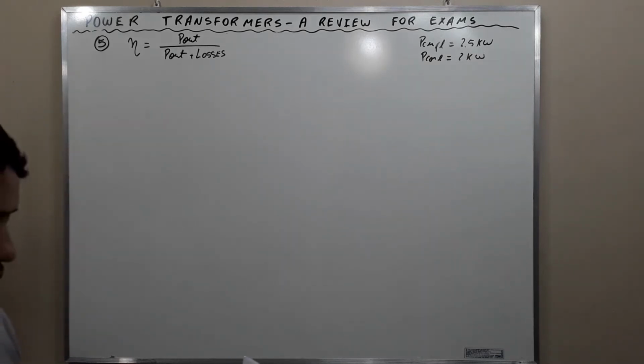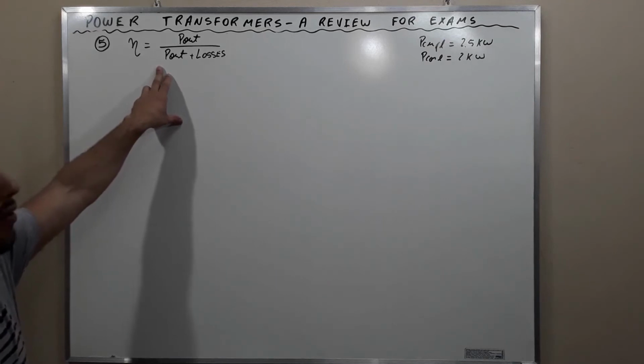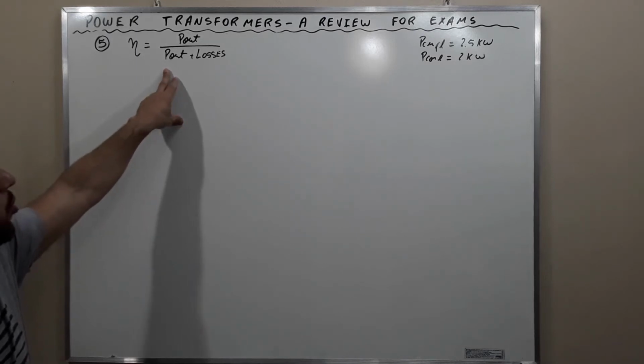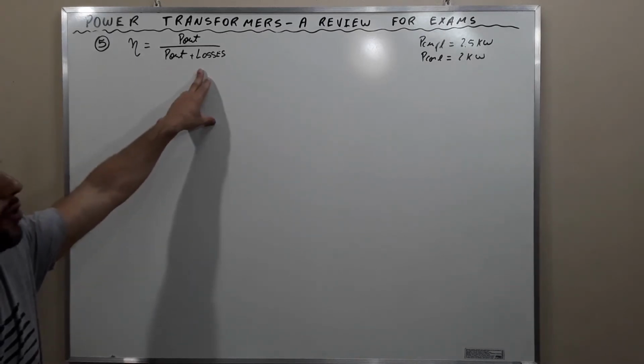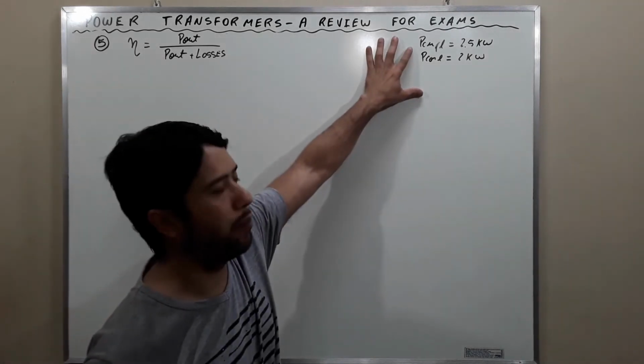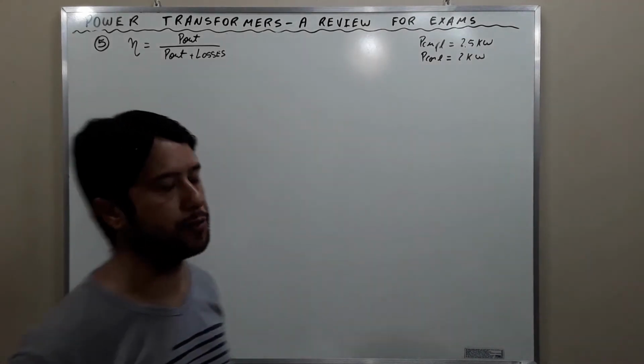The exercise wants us to deal with efficiency and find the load level at which the efficiency is at a maximum. By definition, efficiency is the division between the output power by the total power. But the total power is equal to the output power plus losses. Okay? And these losses are the copper losses and the core losses.